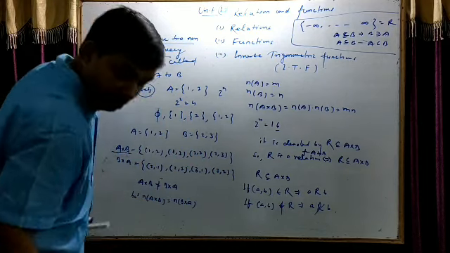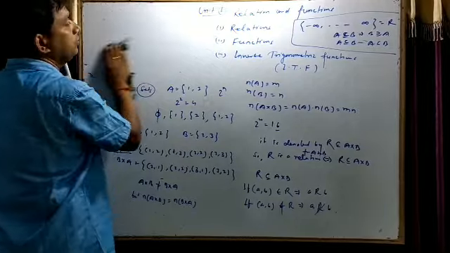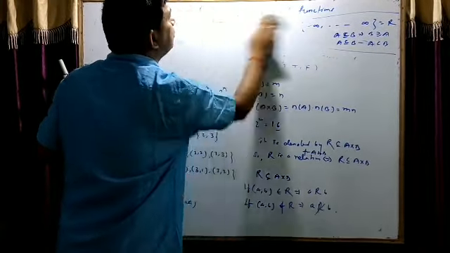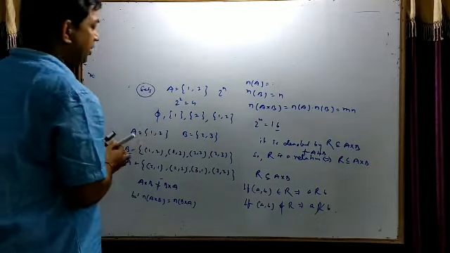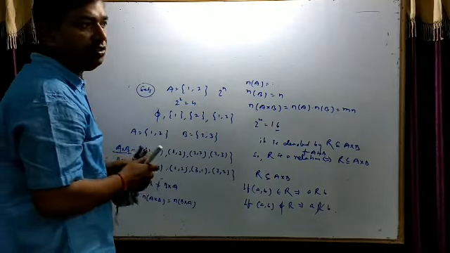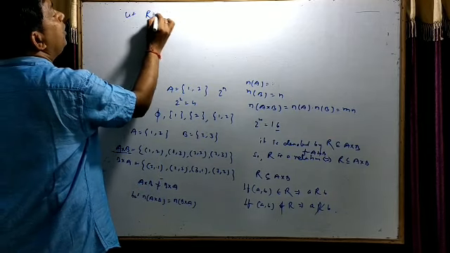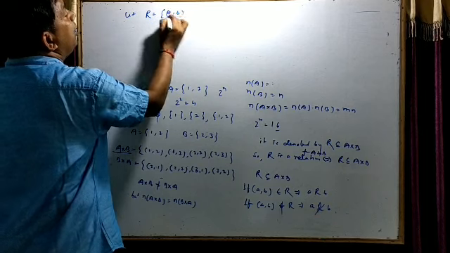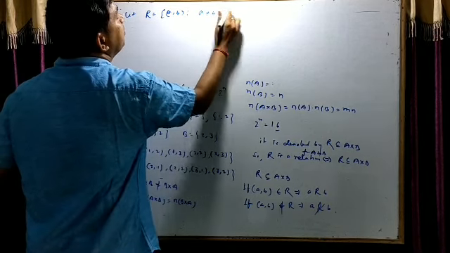See, same example. Suppose, as I told you, a relation is nothing but a rule, and a rule is always defined. So let R equal {(a, b) such that a plus b is even}.